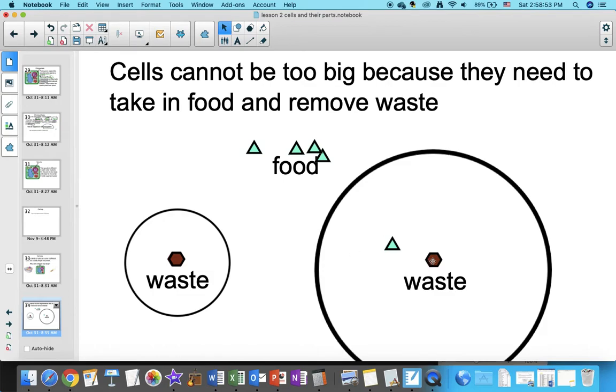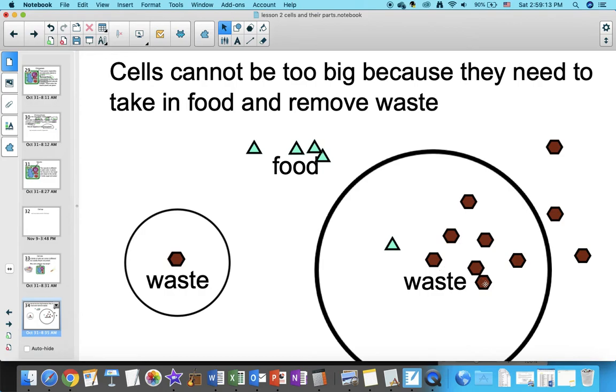And if you're big, you produce a lot of waste. And again, that waste takes longer to leave the cell because it has to travel further. And so waste will start building up faster than the cell can get rid of it.